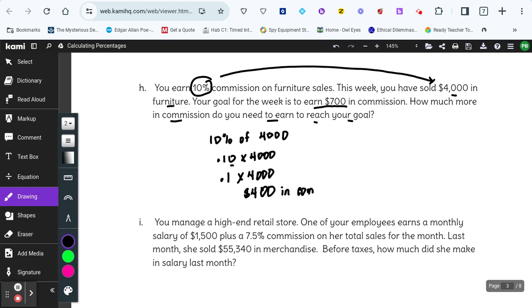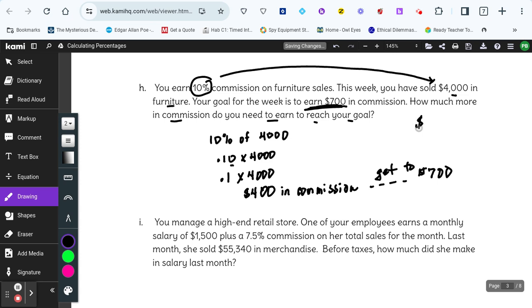But the question said, how much more commission do you need to earn? 700. Okay. So if you're at 400, but you need to get to $700 in commission, how much more do you need?